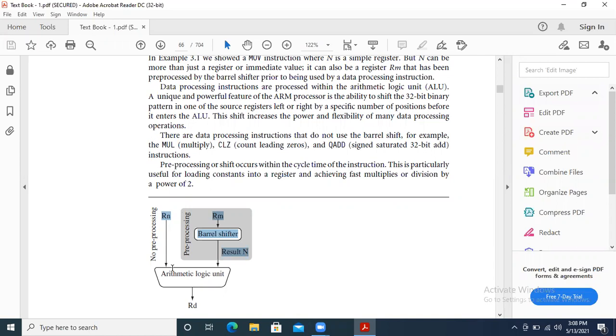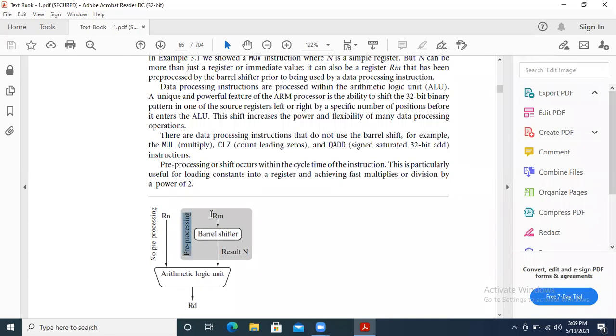Pre-processing means before execution we are making some changes. So in move we don't do anything. We just keep the value as it is, execute, and get the value here. But when it comes to the barrel shifter, as I told you, we do some modifications before executing. That is what we call pre-processing here.